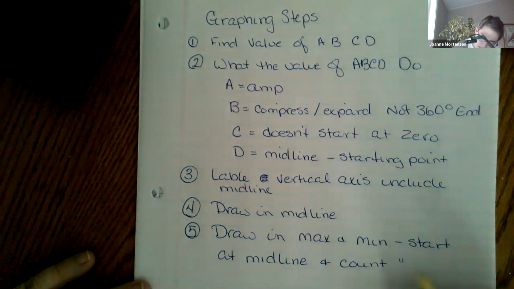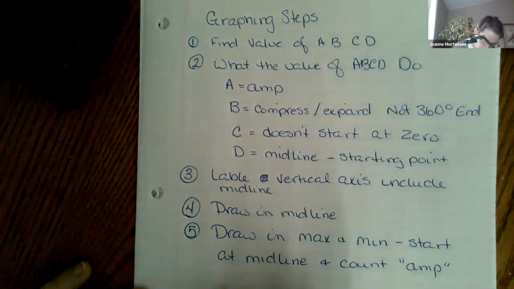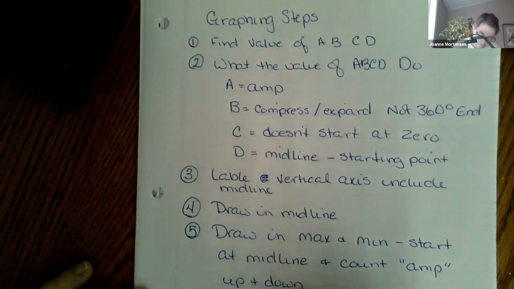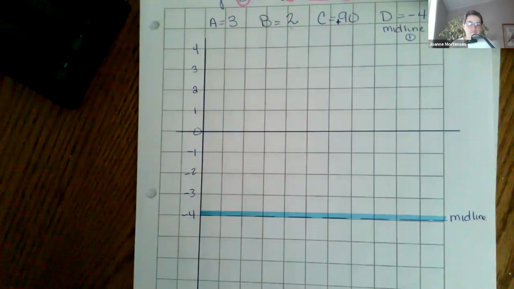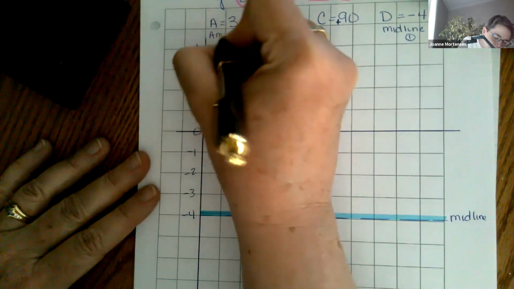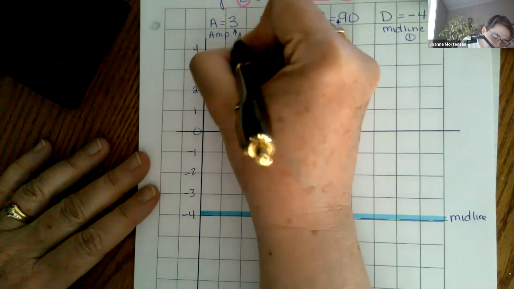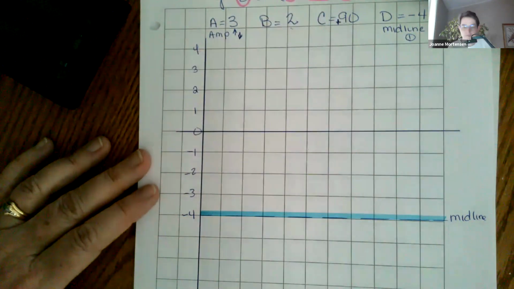Okay, I'm going to say amplitude. Whatever your amplitude number is, or A, up and down. So if we look at our question, here's our amplitude. We're going to count up and down from the midline.